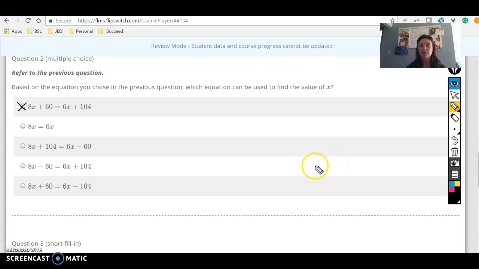This is essentially the substitution method when we say y equals something and y equals something else. We set those two somethings equal to each other, and we've substituted 8x plus 60 for y, and we've substituted 6x plus 104 for y, so we can set them equal to each other and solve for x.